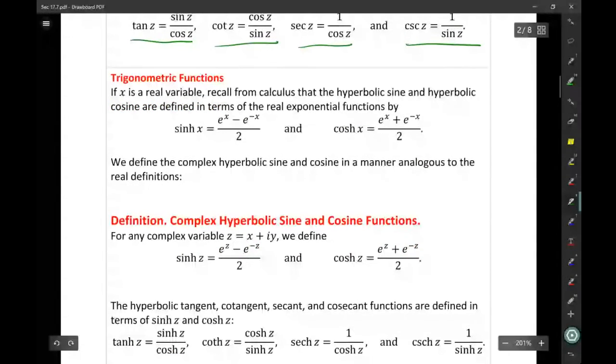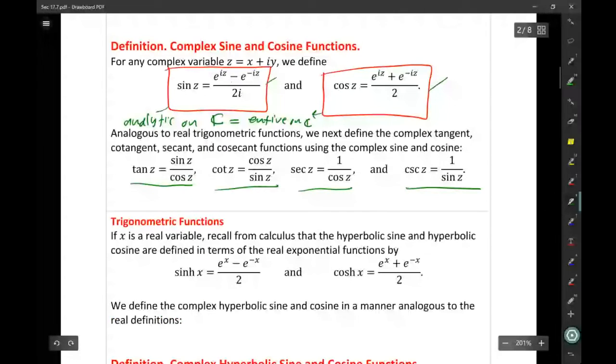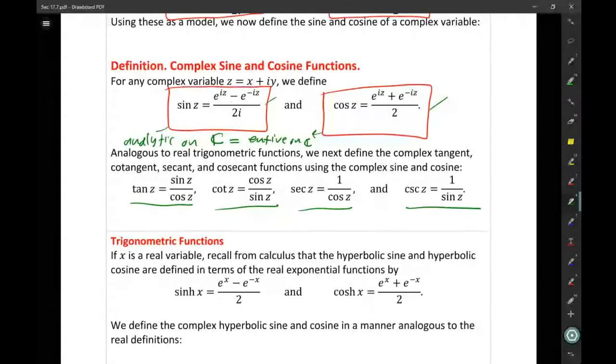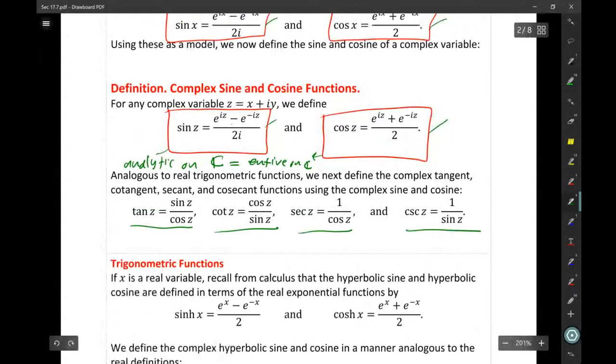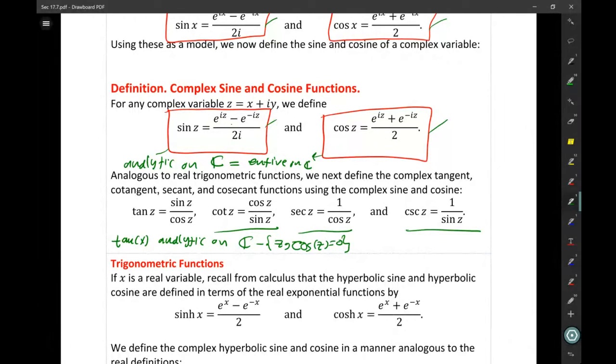Now where is tan defined? And where is cotan defined? The domain of tan: tan will be analytic on the complex numbers except the complex numbers z for which cosine of z is equal to 0. So when will the cosine be 0?